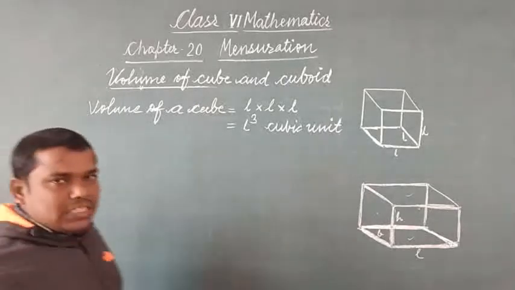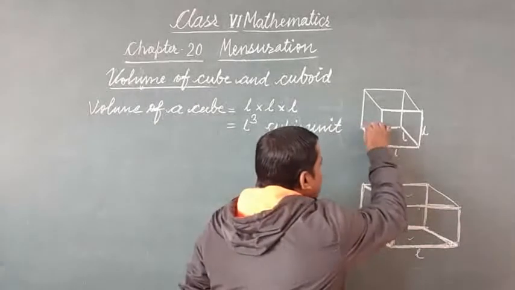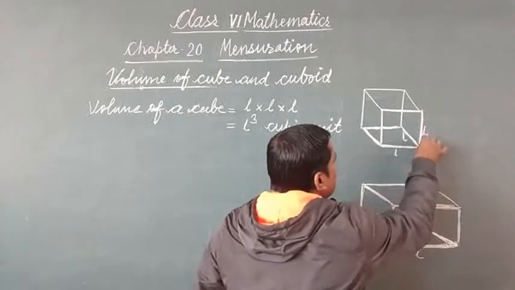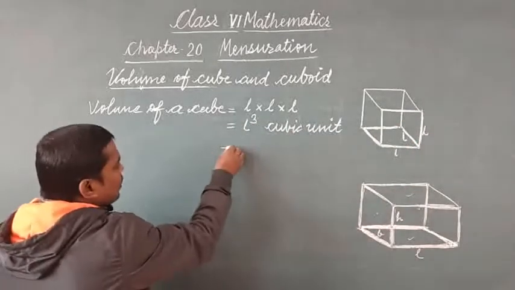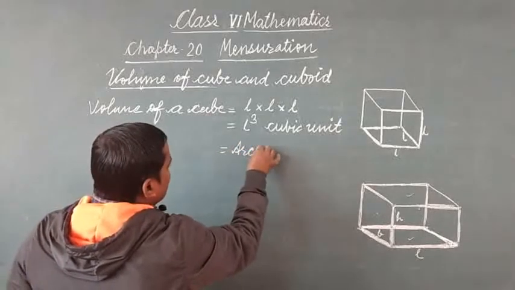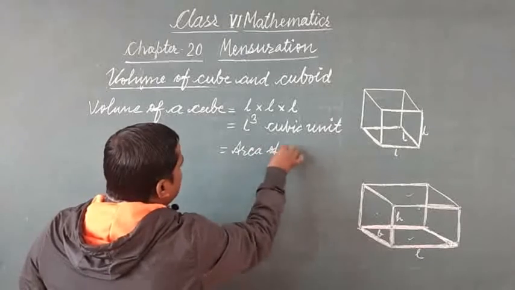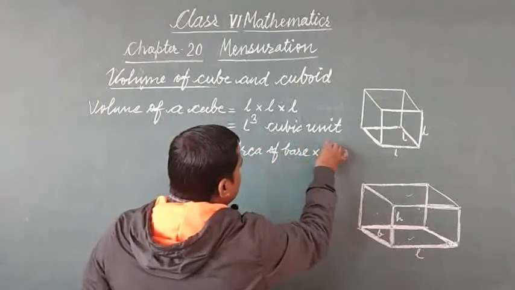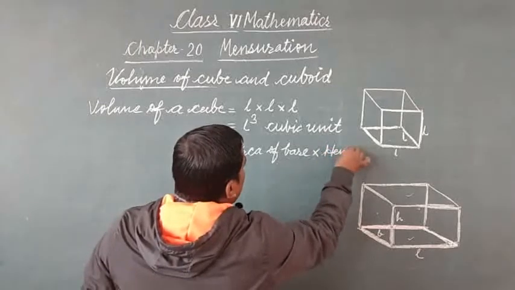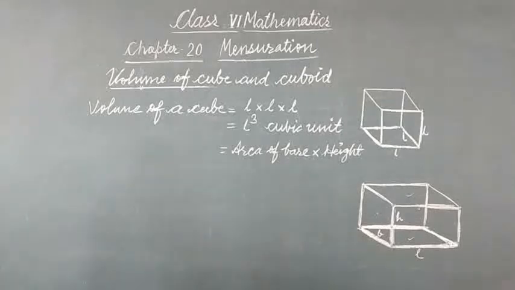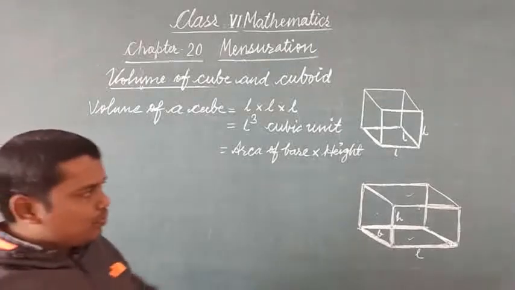You can also understand it that area of base L square into height. It can be also written as area of base of cube into height of cube. By this formula you can also calculate volume of a cube.